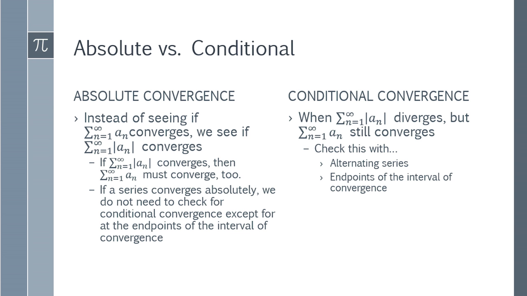So if the absolute convergence doesn't work and I have negative terms, I have to check for conditional convergence. If I didn't have negative terms to begin with, I didn't actually check for absolute convergence, or convergence is the same. So I know that's confusing. It makes sense once we look at some examples here.